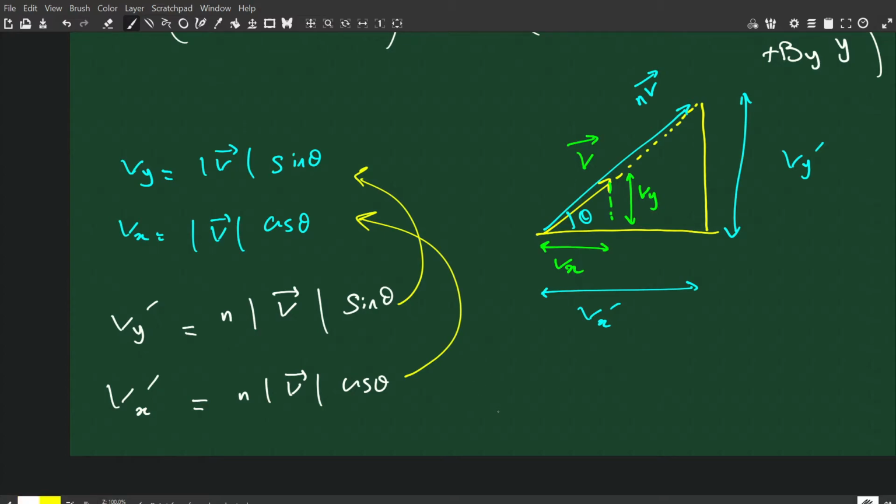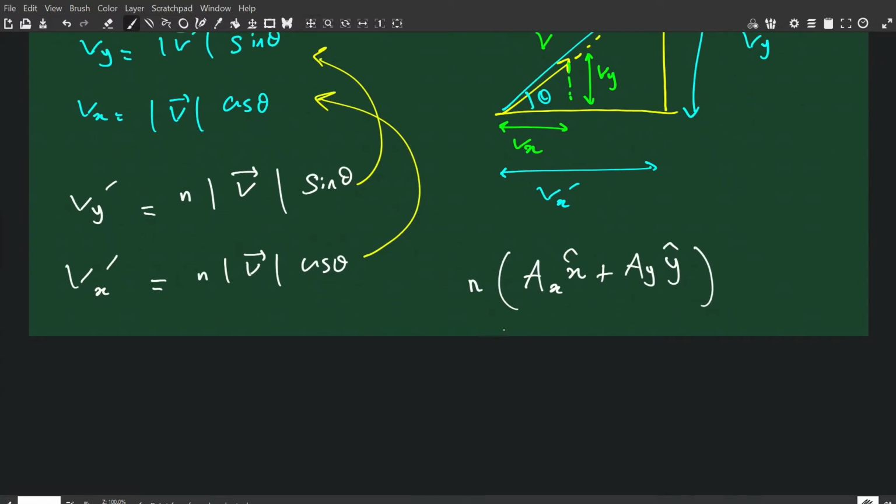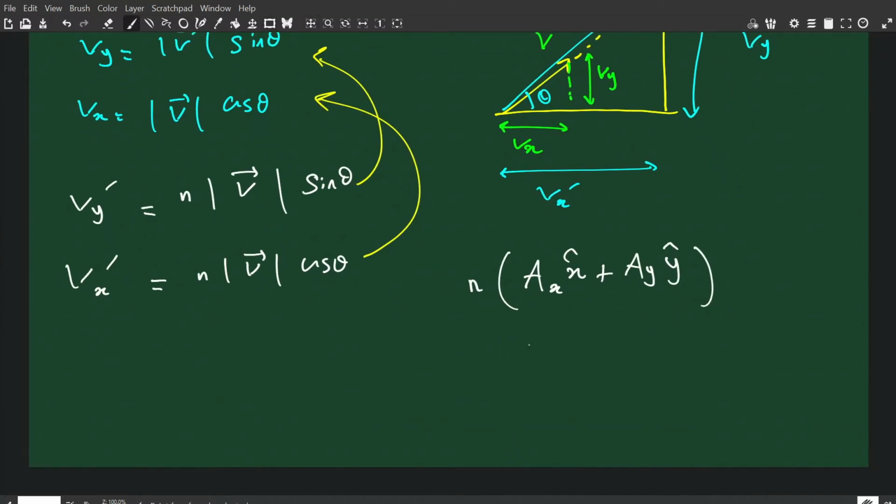So n times ax x hat plus ay y hat is equal to nax x hat plus nay y hat.